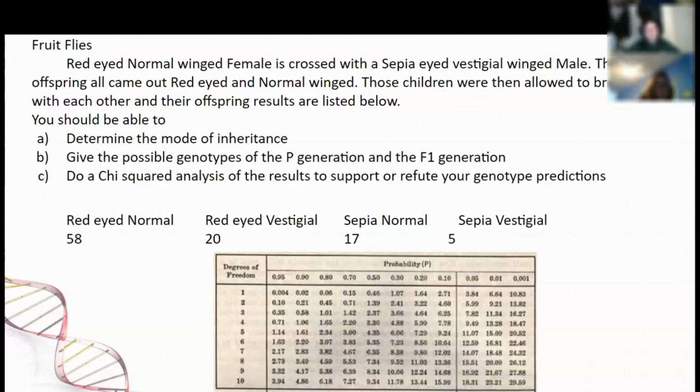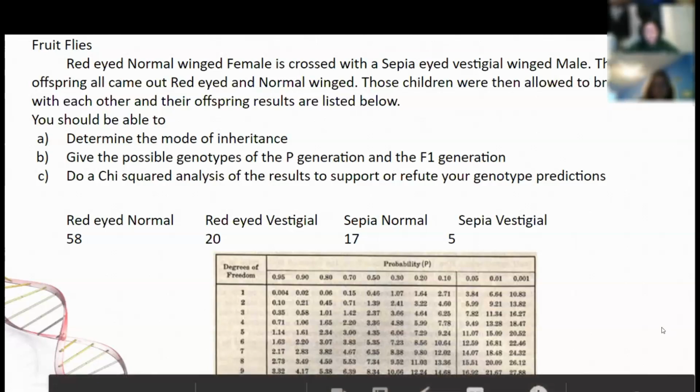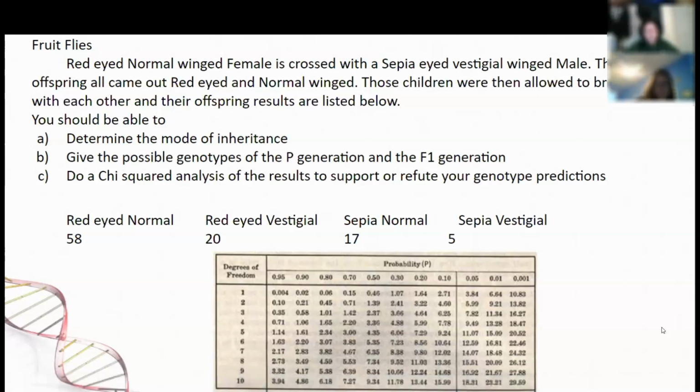So in fact, if this was 9:3:3:1, I would expect 56, 19, 19, and 6, I think. So that's pretty close to those numbers that I was expecting. So to do chi-square then, I just created my expected results based on my box, right? A 9:3:3:1 ratio.